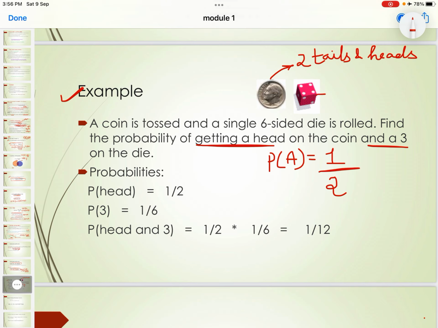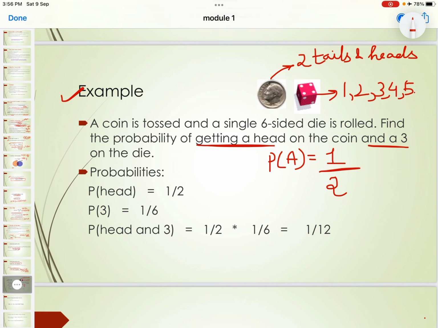And a die is rolled. For the die, 1 can come, 2 can come, 3 can come, 4 can come, 5 can come, even 6 can come. So there are 6 possible outcomes for the die, out of which 3 has come. So P of B is equal to 1, since 3 is present once. How many possible outcomes are there? 6.